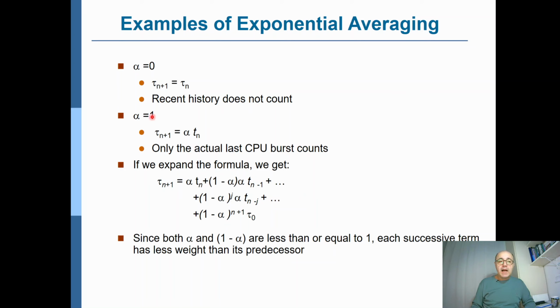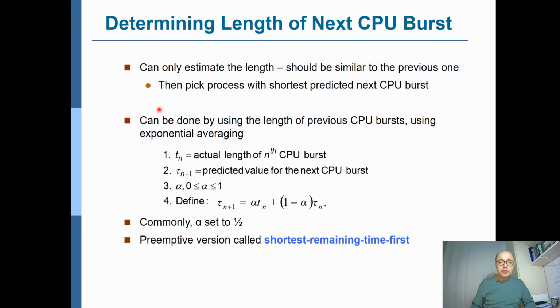If I pick alpha to be 1, in that case, the first term here would be Tn, the actual length of the previous CPU burst, and I don't look at my previous estimation. One thing to note here is that my previous estimation actually includes the term Tn minus 1, the observation before the previous one.